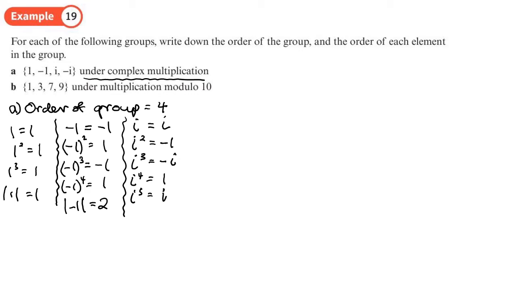So when we get to here, basically we go back again. I suppose we could do the same with the others. We could say this is the looping pattern, whereas for 1 the looping pattern is just itself. The order is 4. So the order of i is 4.